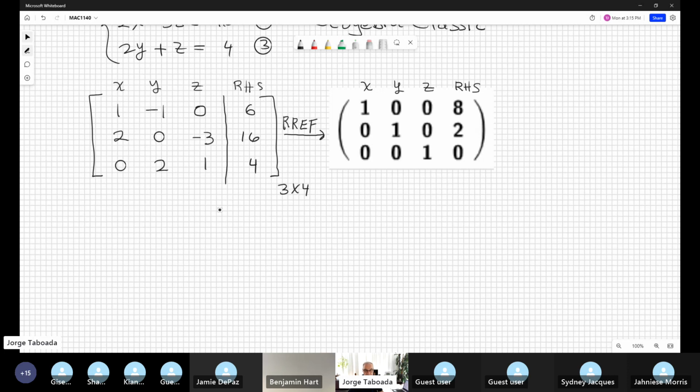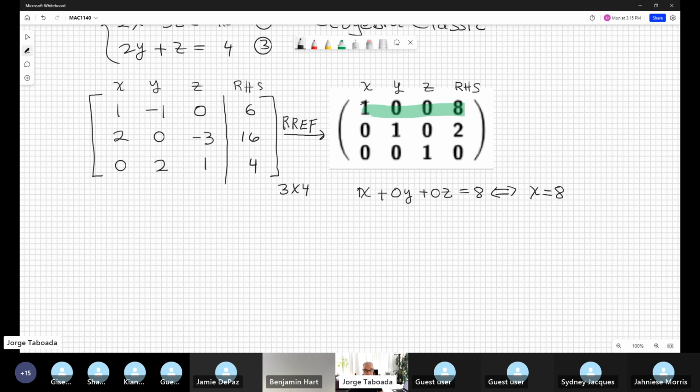If, for example, you translate the first row to an equation, you see 1x plus 0y plus 0z equals 8. By the way, this is equivalent to saying that x is equal to 8.